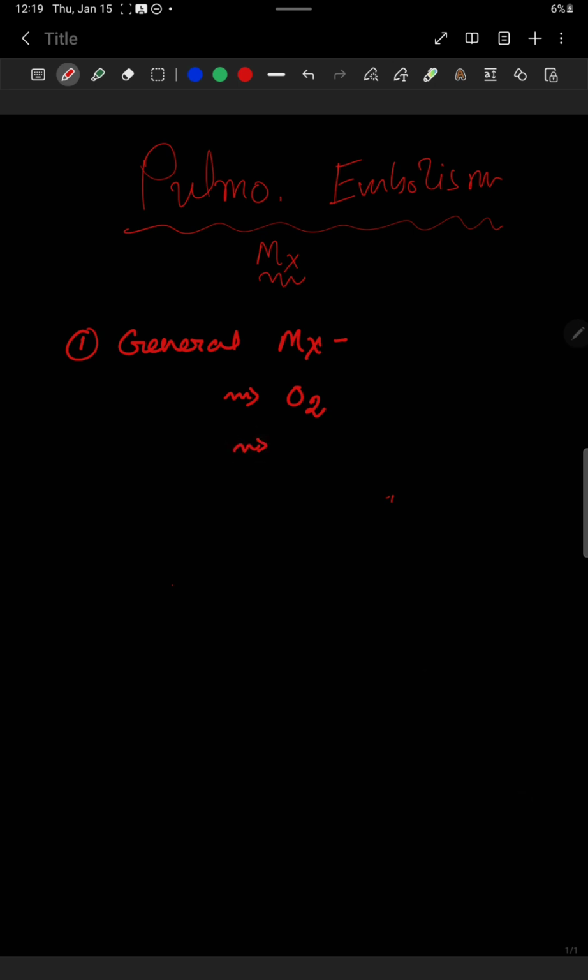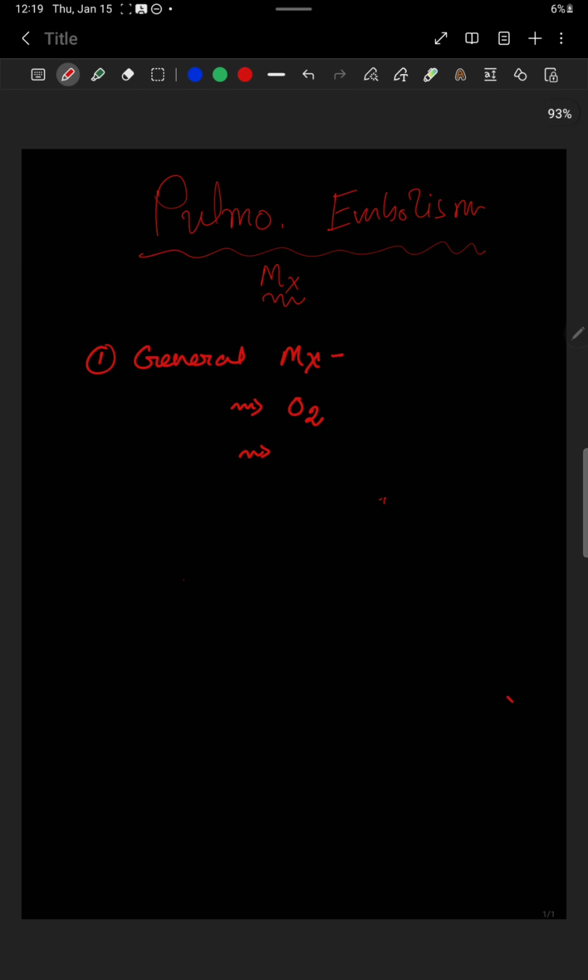He or she may be suffering from chest pain, you have to give opioids, like pethidine, morphine, etc. as needed. So these two are very important for management of the hypoxia and management of the pain.